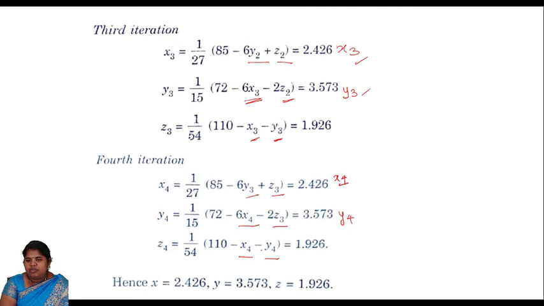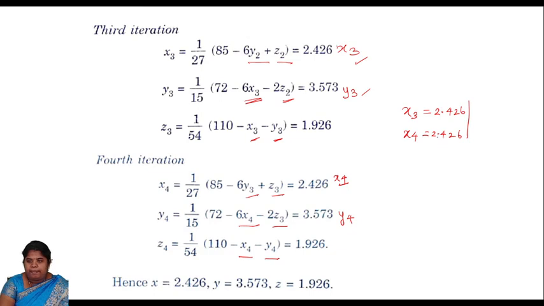Hence, the values of x, y and z are x equal to 2.426, y equal to 3.573 and z equal to 1.926.